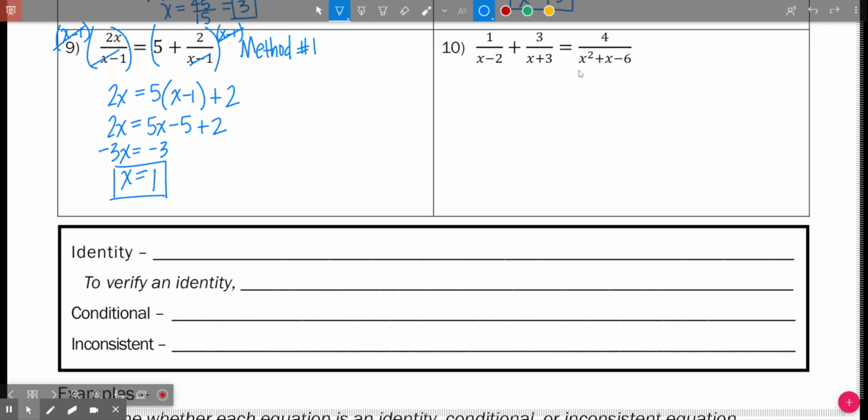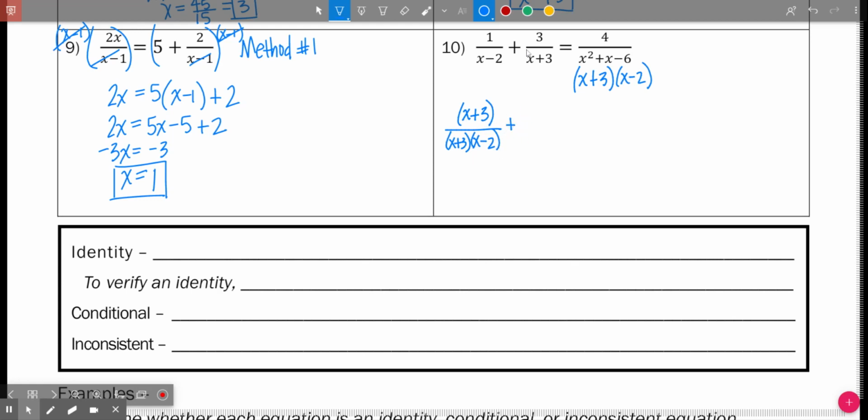In number 10, you want to create a common denominator. So this is going to be x plus 3 times x minus 2, just like simplifying rational expressions and multiplying and dividing rational expressions. So I need to multiply the top and bottom of my first term by x plus 3. So this will become x plus 3 over x plus 3 times x minus 2.